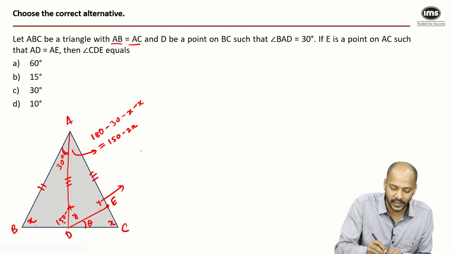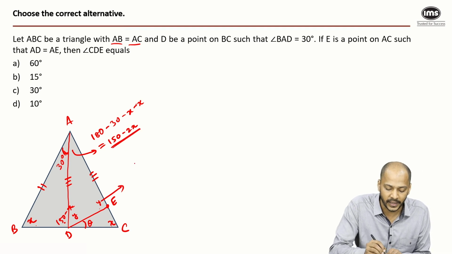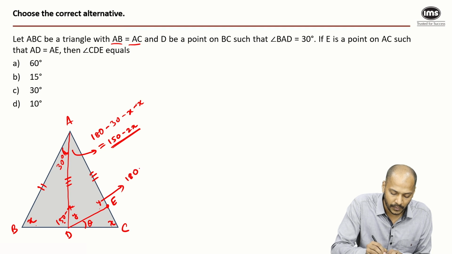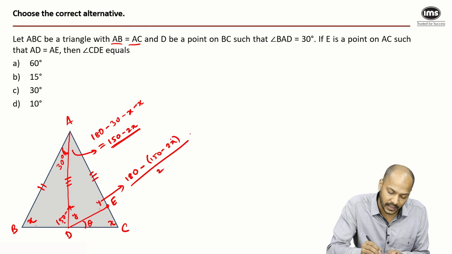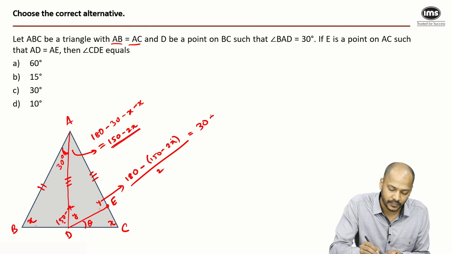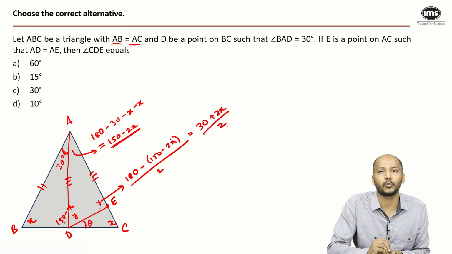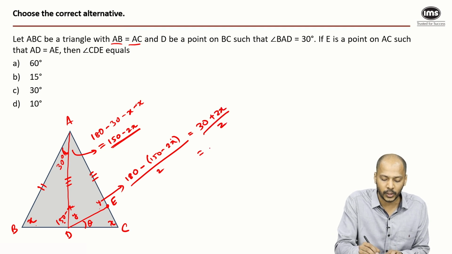And how much is this y? It is the supplement of this angle divided by 2. So 180 minus (150 minus 2x), the whole divided by 2. This comes out to be (30 plus 2x) divided by 2, which is simply 15 plus x.